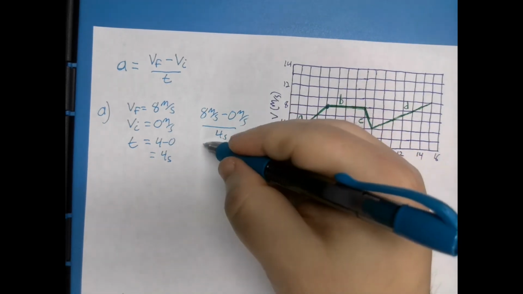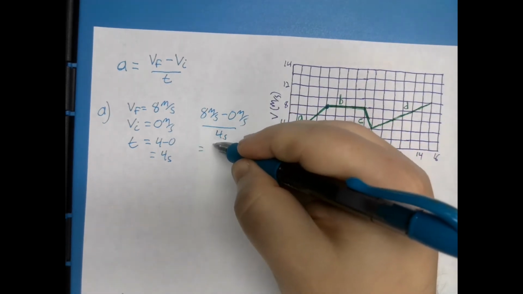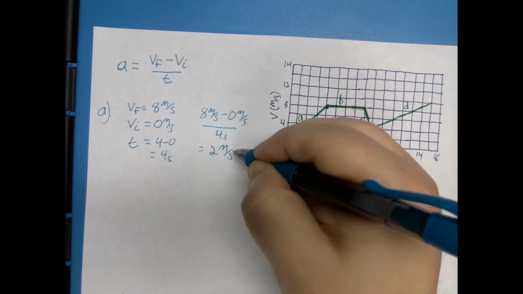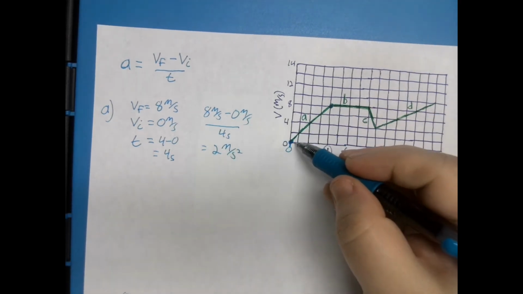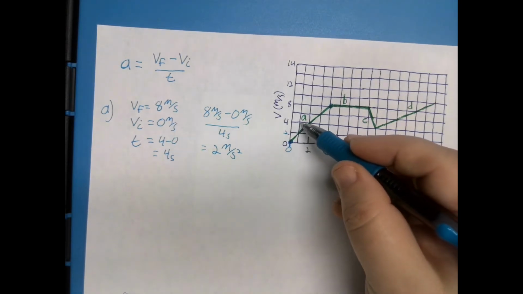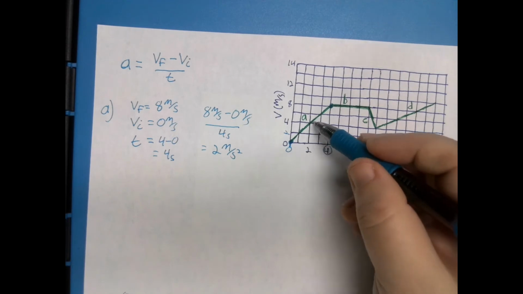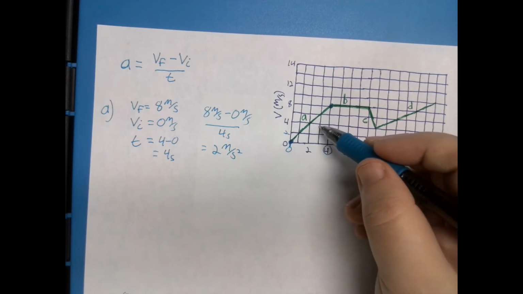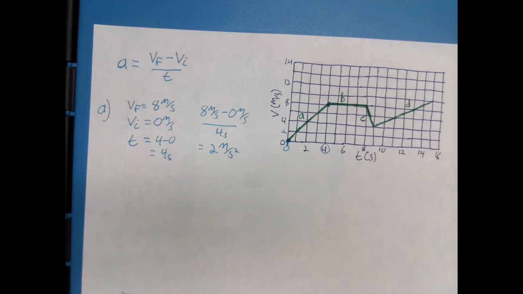So the acceleration is 2 meters per second squared. You can also see that it's increasing by 2 meters per second every second, another 2 in another second, and another 2, and another.